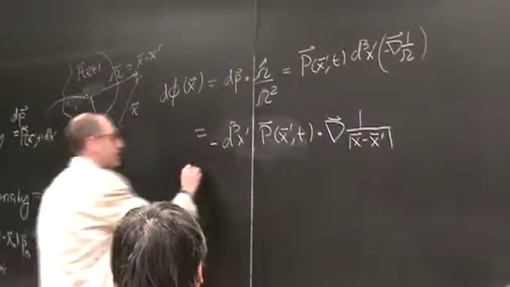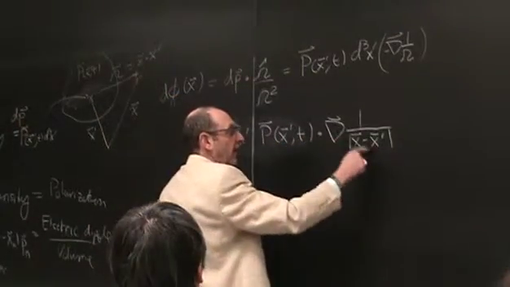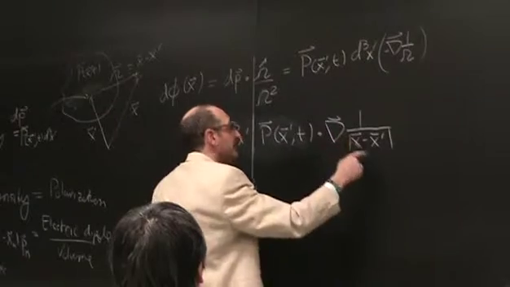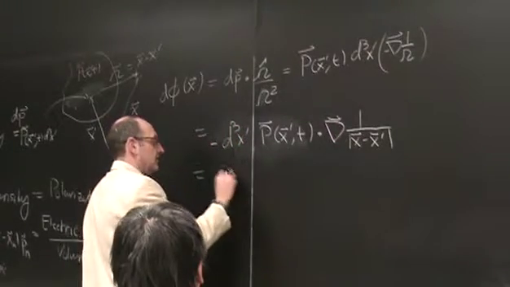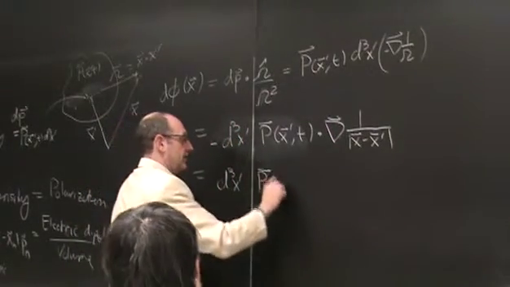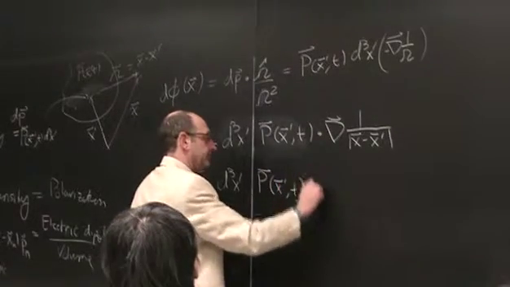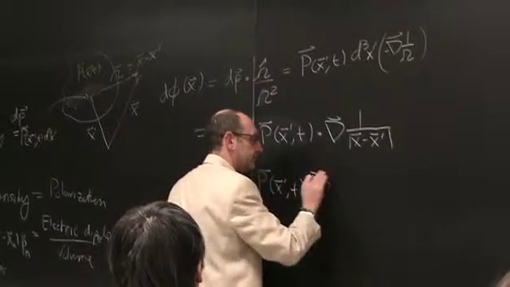And now I'll play a trick. The gradient of this with respect to x is minus the gradient of this with respect to the prime variable. So I'll change that to a plus.